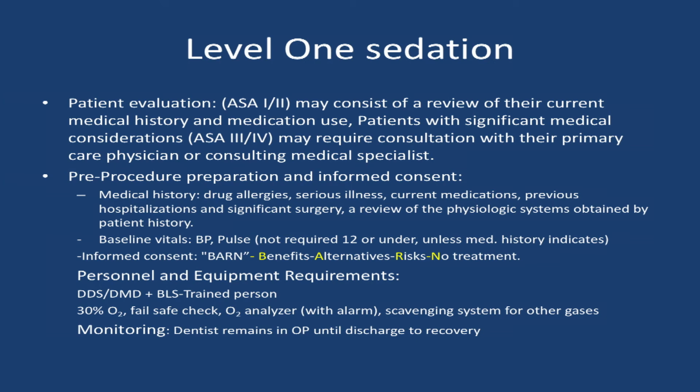However, it's important if you feel it needs to be taken. You don't need to have a rule to guide you to taking that. Be sure you get it if you're going to take a patient to the hospital, unless the medical history is indicated. And informed consent.